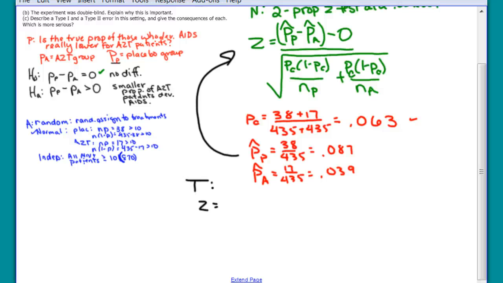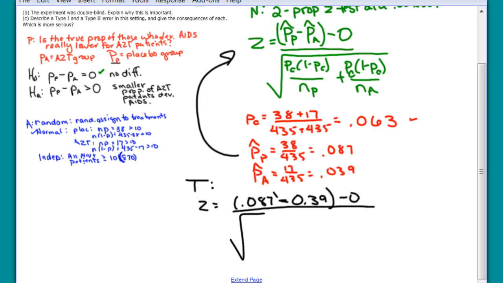So let's actually calculate this test statistic by plugging these numbers into that z formula. What will I have here? I'll have 0.087 minus 0.039 minus the null hypothesis of 0.